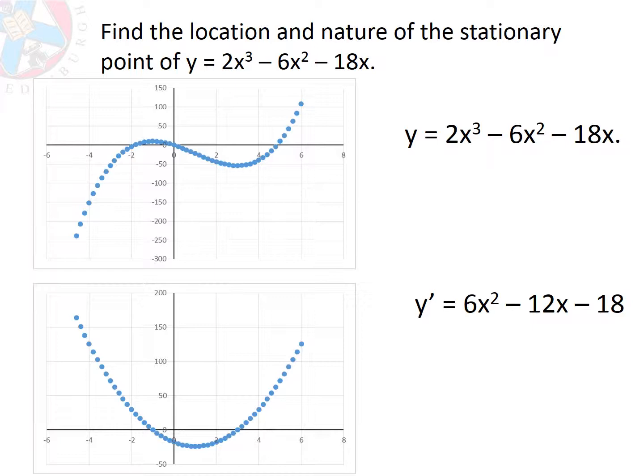So I could say 3x plus 3 is 0, so you can rearrange that to get x equals minus 1. That becomes minus 3 equals 3x, and so x is minus 1, and the other one will turn out to be 3.